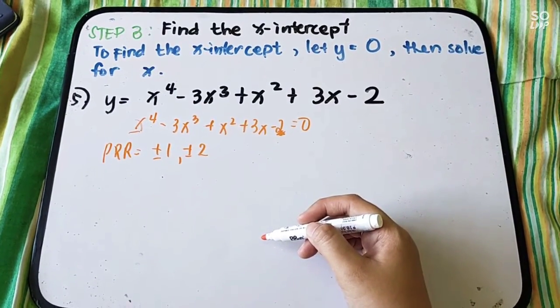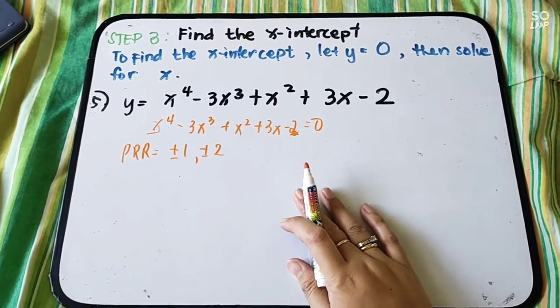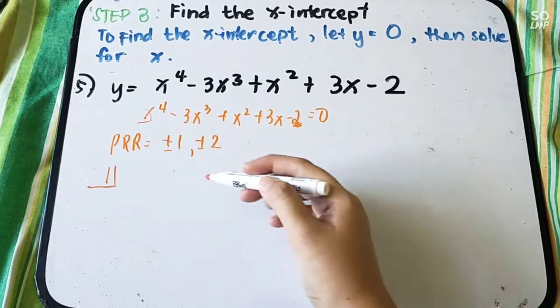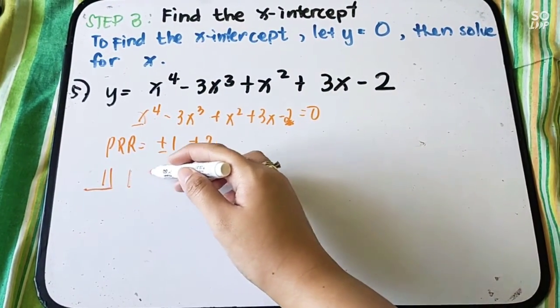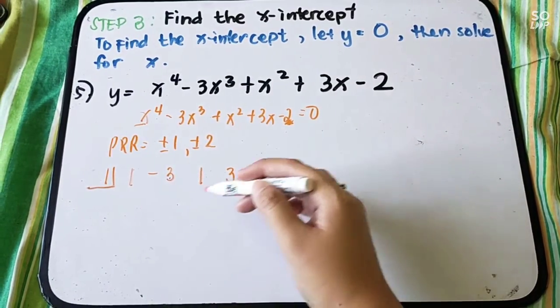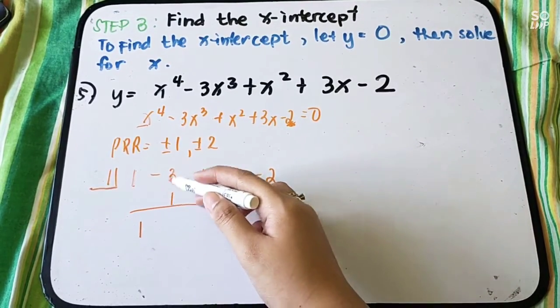Okay? So, let us try again positive 1. Doon tayo lagi sa pinakamababa. So, we have here 1 ang ating gagamitin ulit. Let us have all the coefficients. We have 1, negative 3, 1, 3, then negative 2. Then, bring down 1. 1 times 1, we have 1.